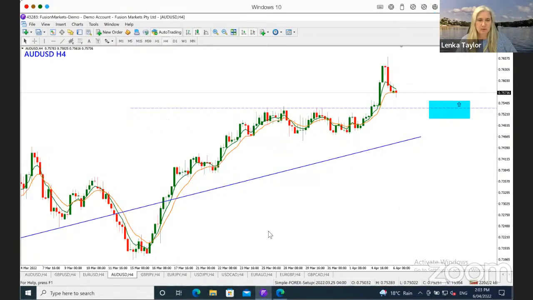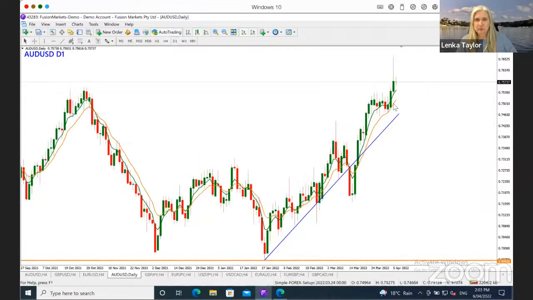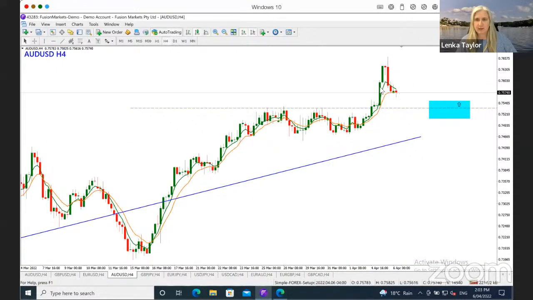Next currency pair I'm looking at is AUDUSD, and AUDUSD I'm looking at long. So it is still in that upward pattern. We did have some pullback down after the news on Tuesday, I think it was yesterday. So if the price starts to reverse, then looking for long.